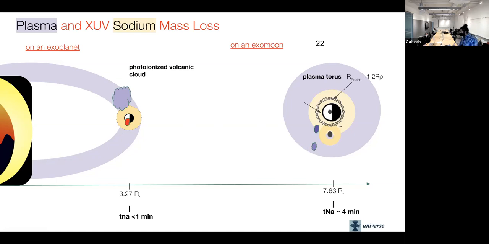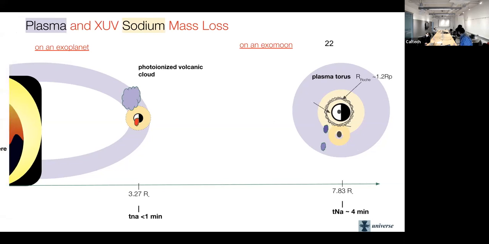So the ionization timescale that I've listed here is critical: this close in to the star, the sodium would be ionized in a minute, and even at 8 stellar radii away, it's ionized in 4 minutes. So there should be significant ions if there's significant venting from these bodies. That has some major implications, which I'll talk about.